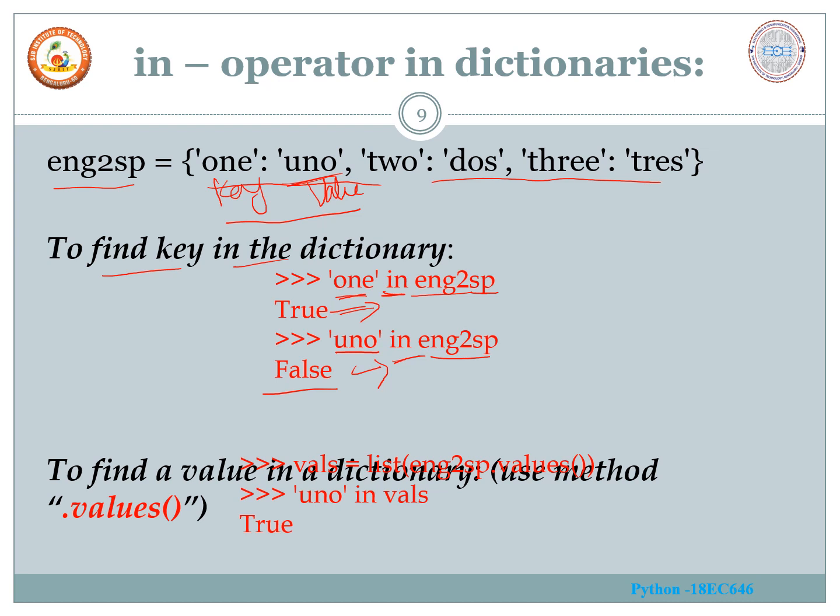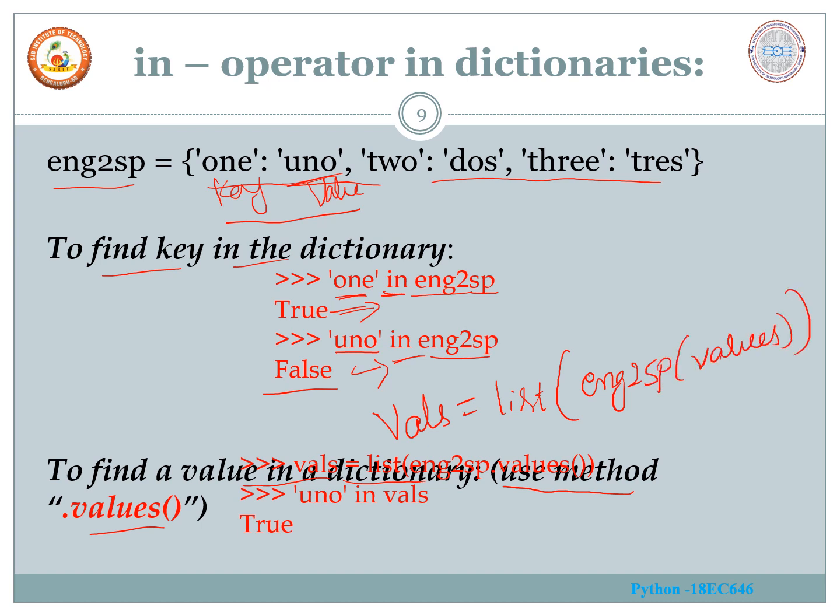And to find the value, sometimes you want to find a value in the dictionary, I can make use of a method called values. Say that here it is not clearly displayed, I'll write it. So vals is equal to list of English to Spanish values.